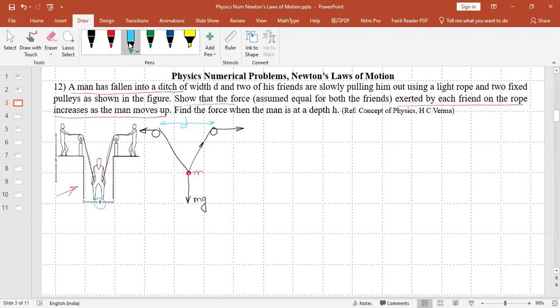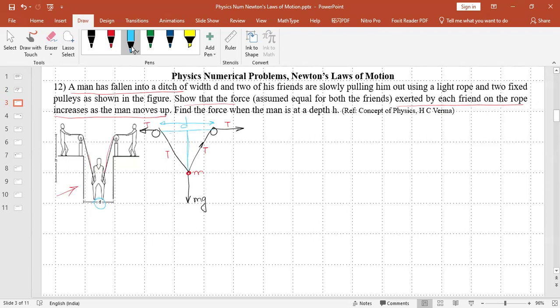Now, this force is tension, so this is T. If this is T, they are equal. This is T. And let's say this is the triangle, and this is a line joining them.